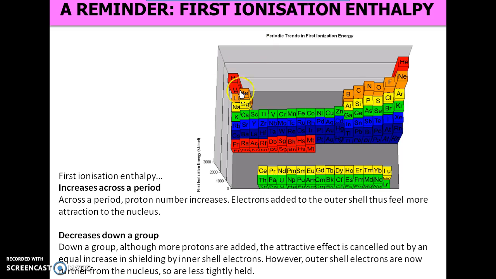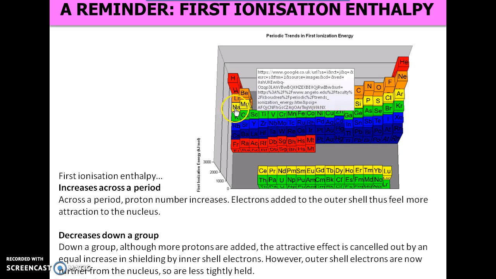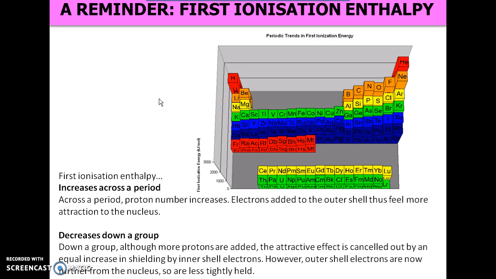However, going from lithium to sodium, outer shell electrons are now far further from the nucleus because there's a whole extra shell, so they're less tightly held because they're further from the nucleus. So going down a group, first ionization enthalpy decreases. Going across a period, first ionization enthalpy increases.